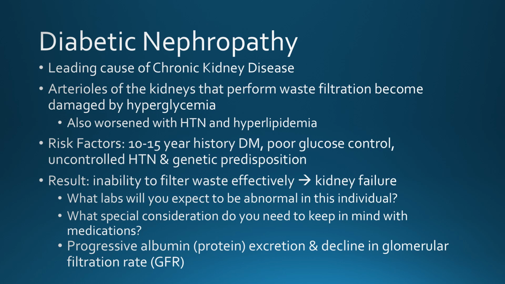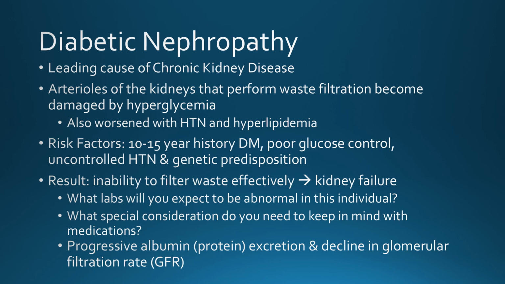Risk factors for this include a history with diabetes, poor glucose control, uncontrolled hypertension, and a genetic predisposition too. So they might have diabetes, but they might also have a family history of kidney issues. So that's going to further increase their risk for developing diabetic nephropathy.